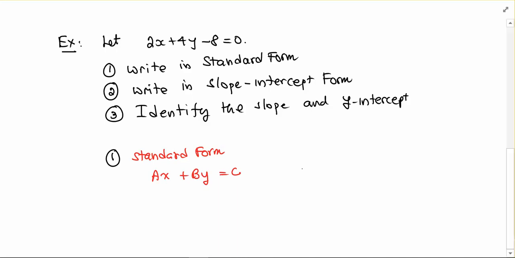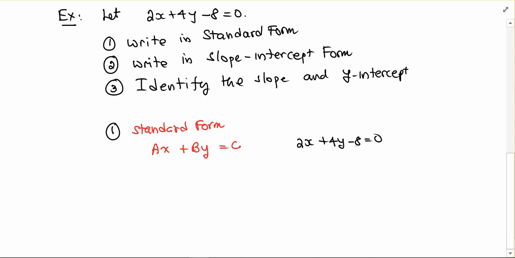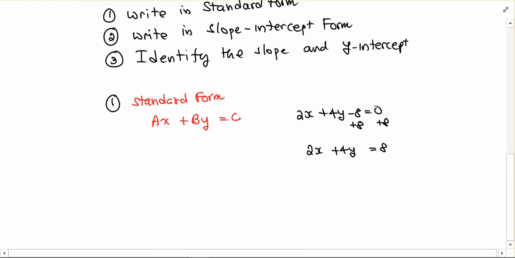We can do that very easily. Here is our equation. All we have to do to get it to standard form is to make this 8 go away from the left. So we have 2x plus 4y equals 8. That's standard form. That's just a review.